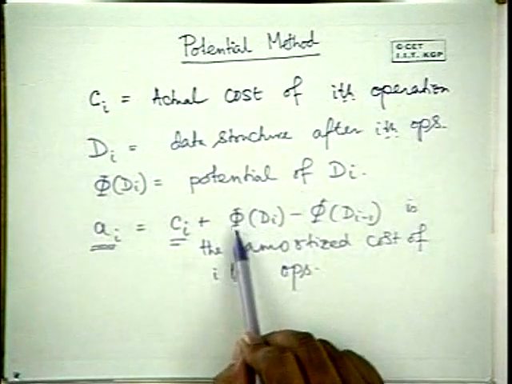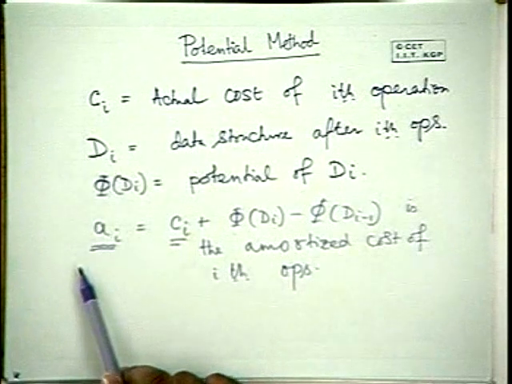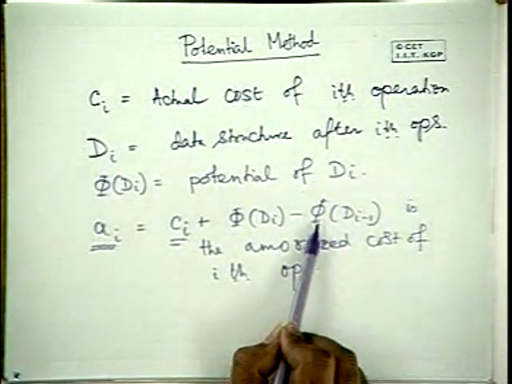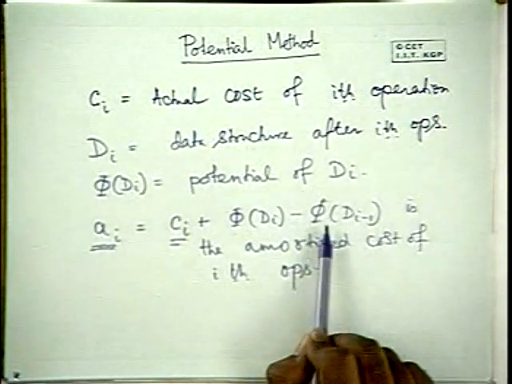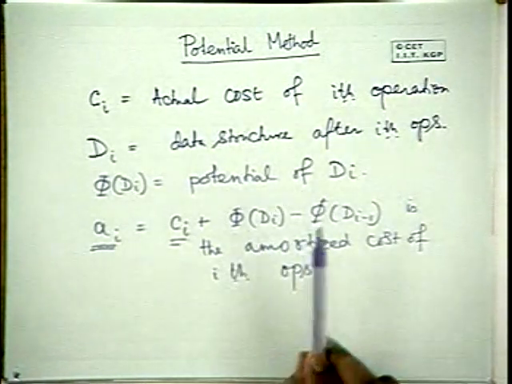In that case you are undercharging that operation, because you are taking the actual cost minus something. But how does this negative charge come into the picture? Because from those operations where you are overcharging, it is accumulating that charge and paying it for this particular operation.